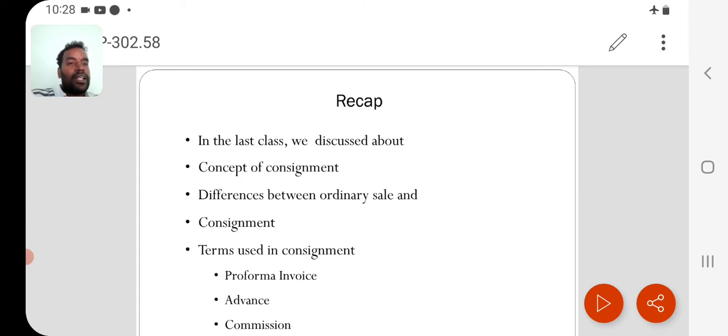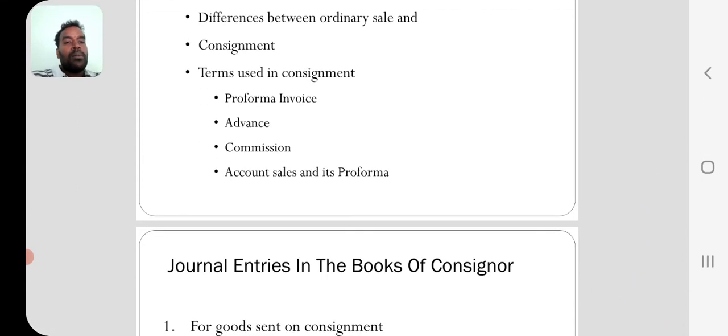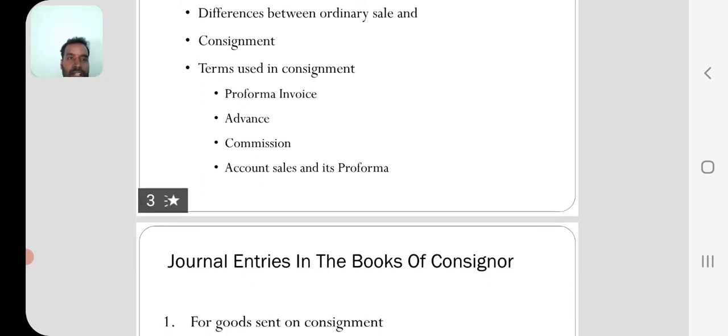For that, he may require more manpower in different areas, so he may appoint some persons. The person is called a consignee. The consignor will pay the commission to the consignee for selling the goods. The relationship between consignor and consignee is a principal and agent relationship.